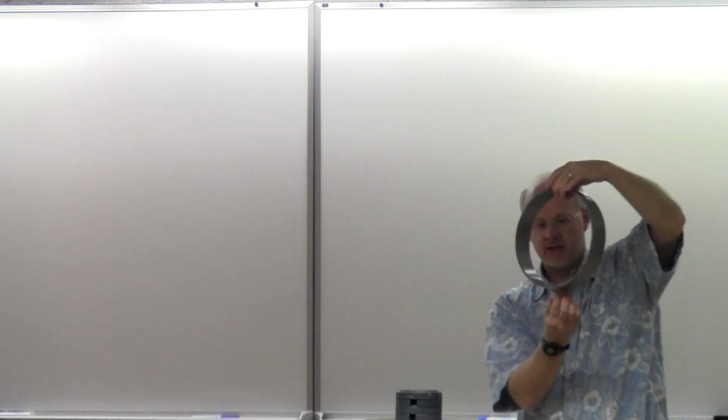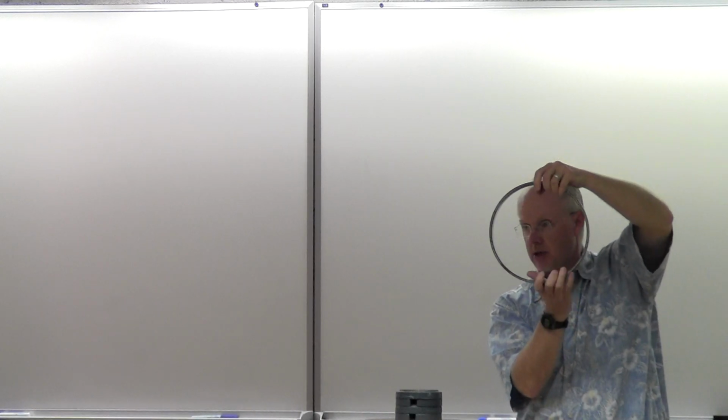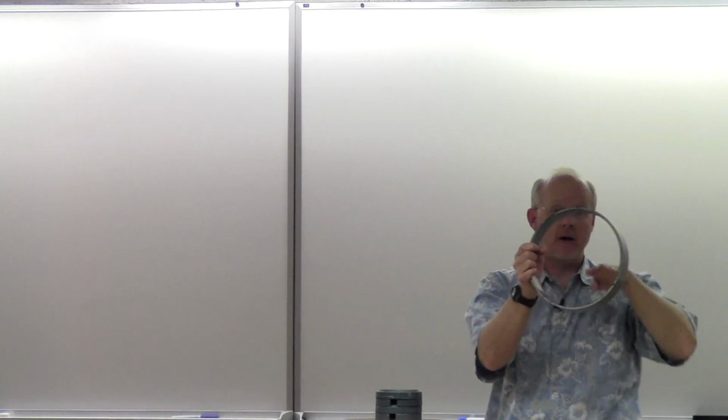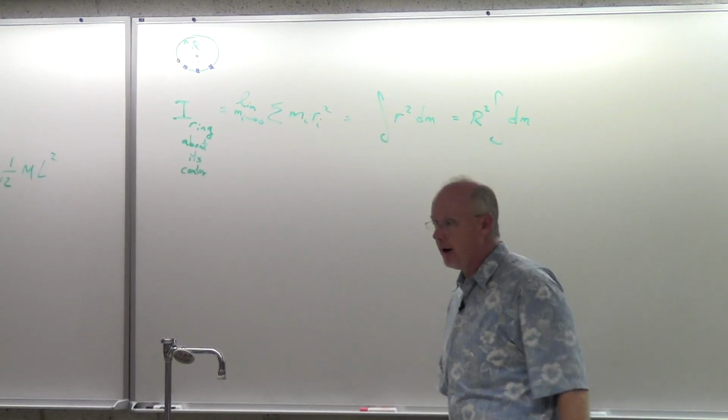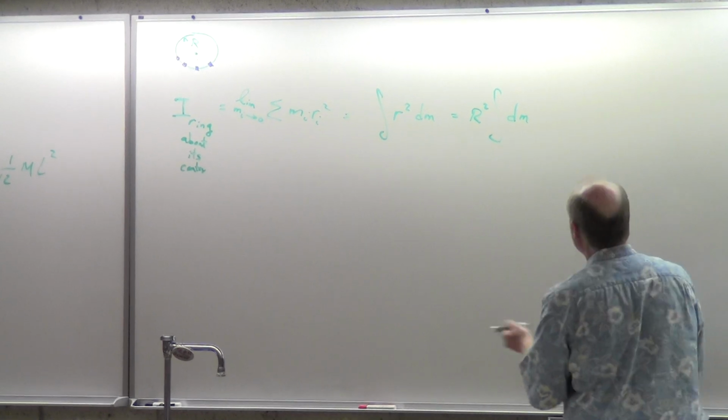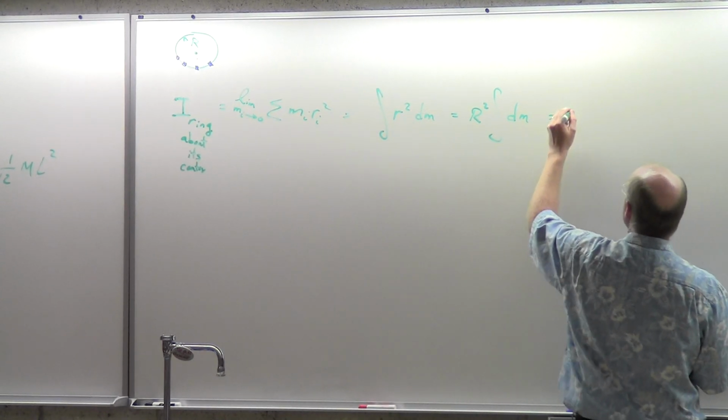It's spinning like a wheel. As it spins around this axis right here, all of this mass is the same radius away. So the little r becomes the capital R, and it becomes a constant, so I pull it out in front.